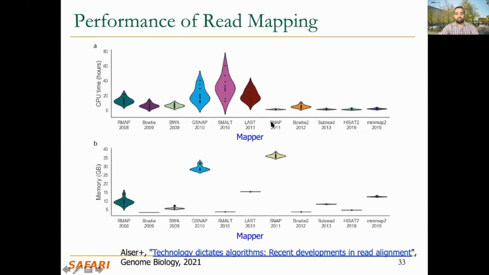Now, for these four mapping tools from 15 or 20 years back, you can see the performance after 2011: most of the tools become very fast. You can see the runtime here. The dots, or the variation you see for each mapper, are different data with the same number of reads. You can see the variation can be really huge from one data set to another, and that requires further investigation to see the bias.